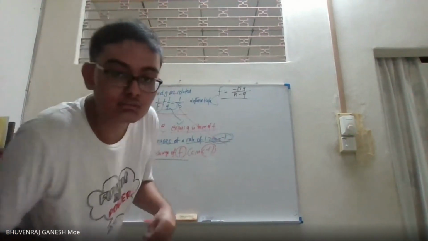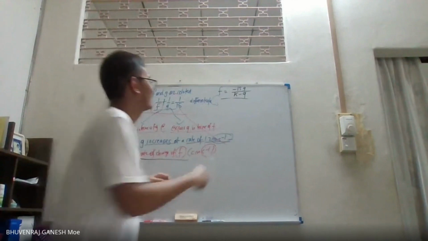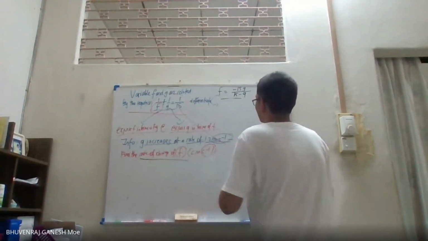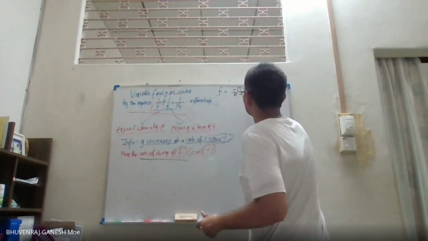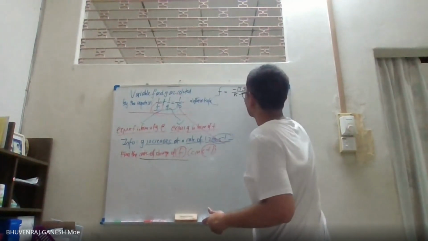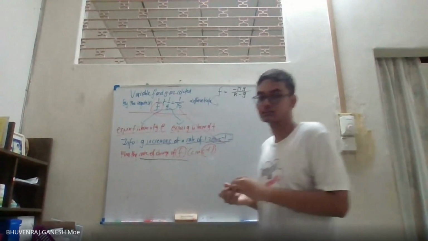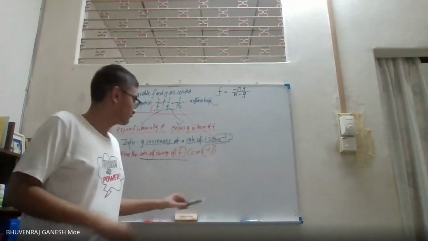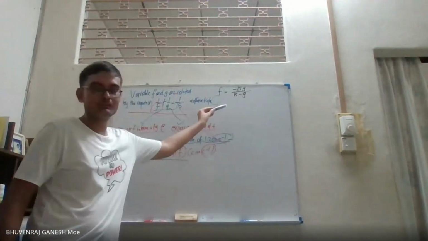Oh, sorry, it's in g. Both of these are g. Just now I showed the negative 15g over 15 minus g. So from here, what is the symbol you'll get?